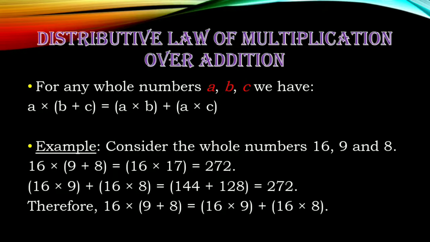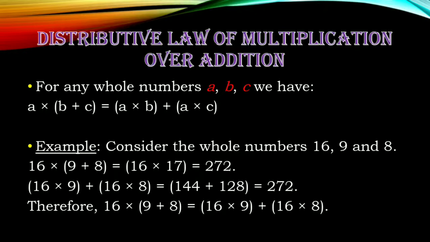Therefore, we can see that in both the cases, the final answer is 272. So, distributive law of multiplication over addition is proved.